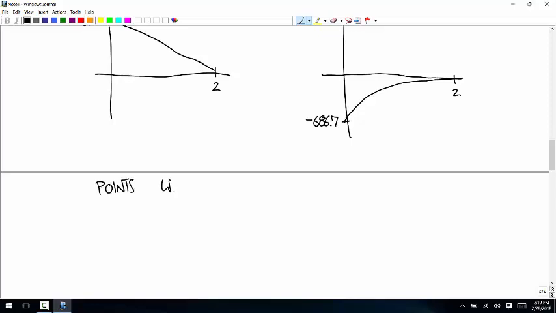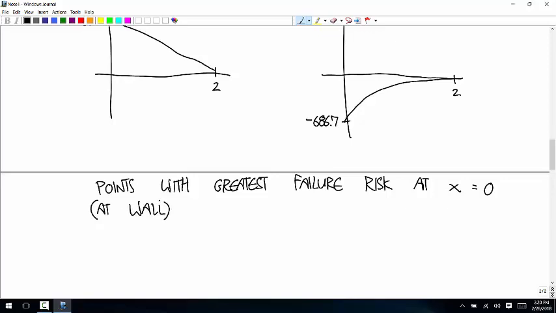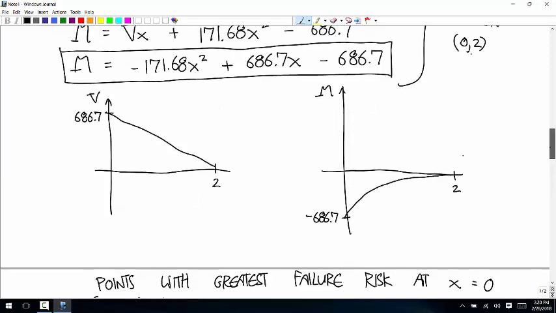The points with the greatest failure risk are at x equals 0, right at the wall. This one turned out to be a pretty easy one to interpret because the maximum absolute value of shear force is at the same point as the maximum absolute value of bending moment.